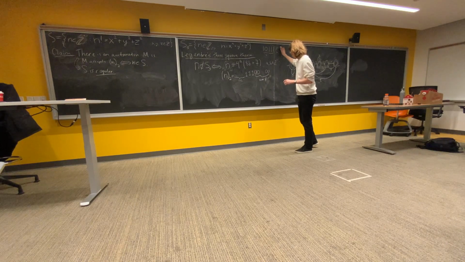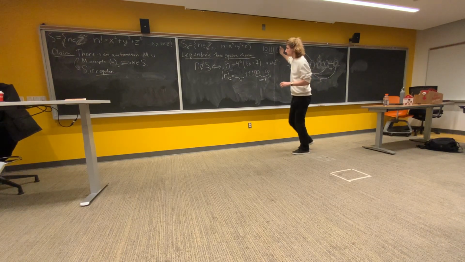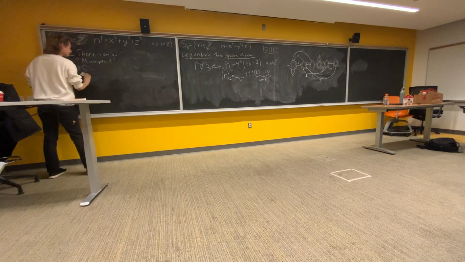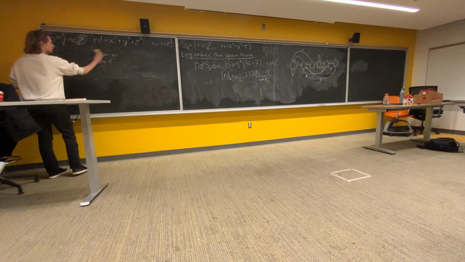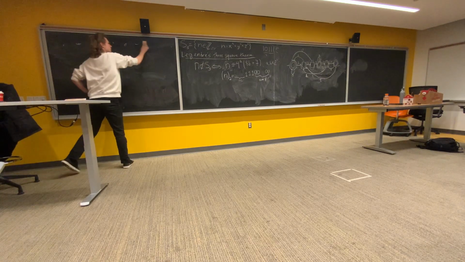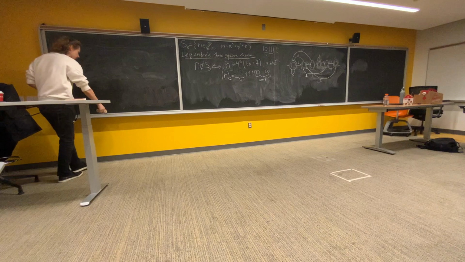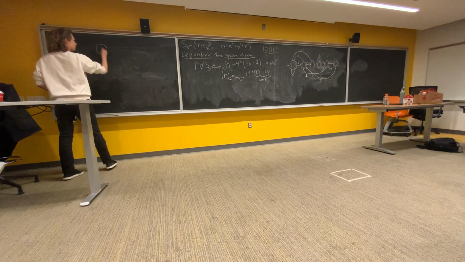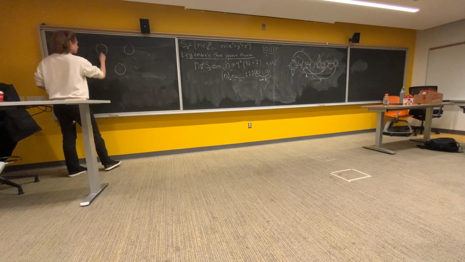I'll erase this. If I have, let's take the sequence I had from before that will compute the running sum mod 3 of my ternary representation. The automaton I had from before.